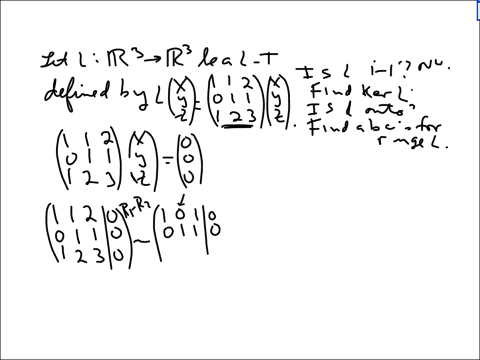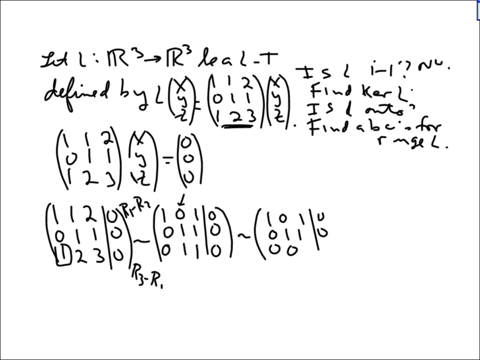And I'll do row 3 minus row 1 to kill off that 0: 1 minus 1, 2 minus 1, 3 minus 2, and 0 minus 0. The second and third row are the same, so I'll leave the first two the same, and the third row is going to become 0. Let's do row 3 minus row 2.